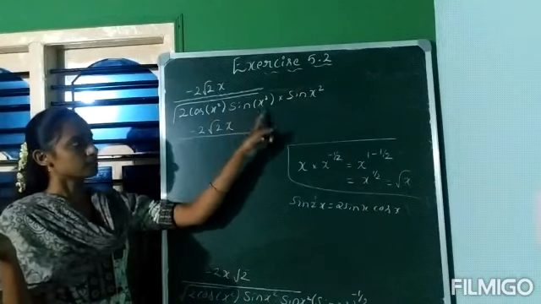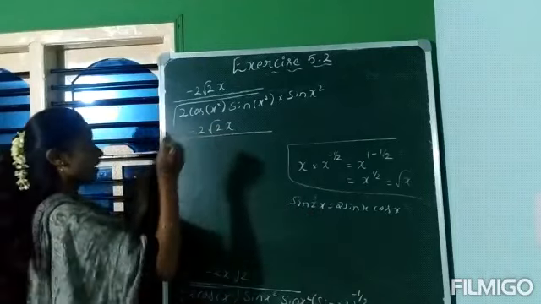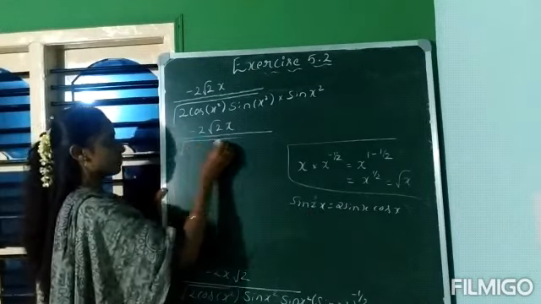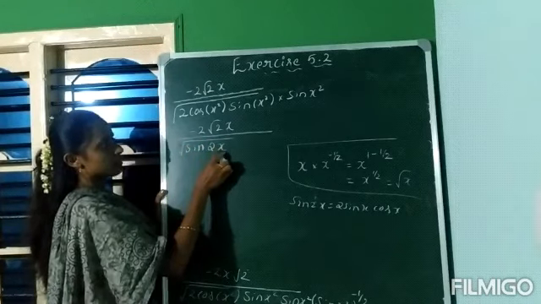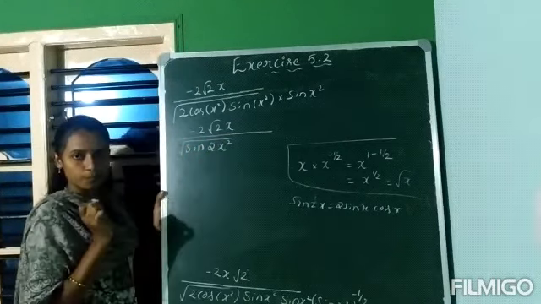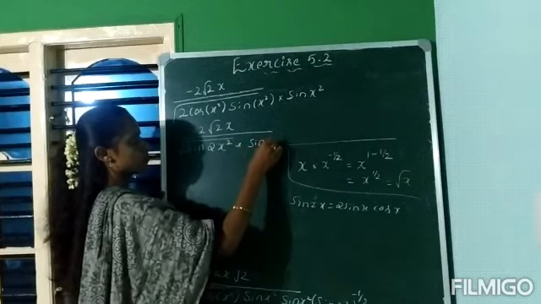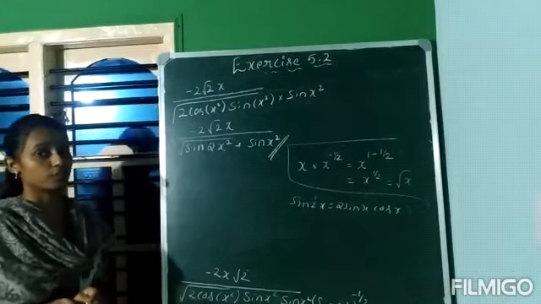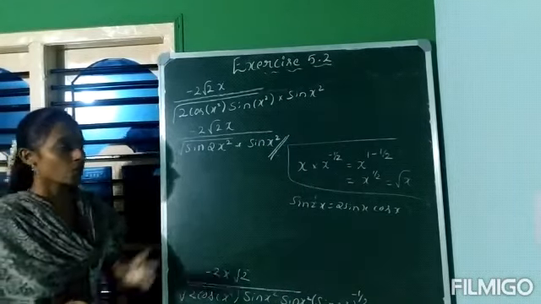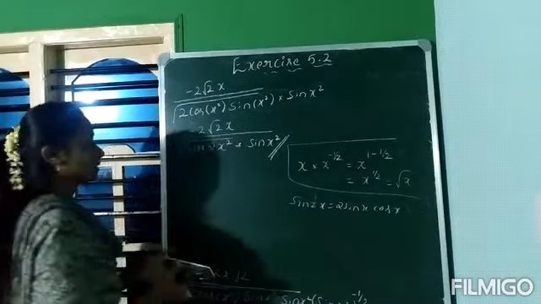The variable is the same for both functions, hence you can make use of this formula and write this as sine 2, in the place of x we have x square. And one more sine, it is out of the square root, therefore sine x square. This is the required derivative for the given composite function. Hope this is understood.